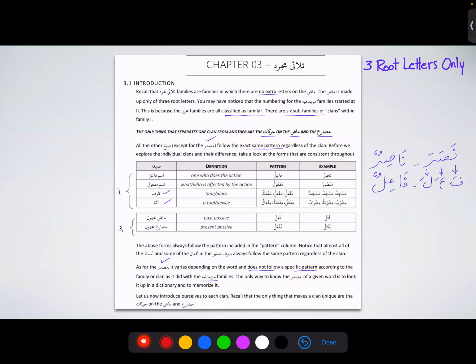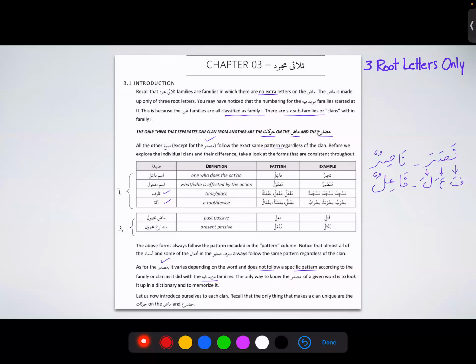So basically, we are going to see the haraka in the Madi and then in the Mudari, right? Mostly the haraka on the middle root letter plays a big role when we are recognizing these 6 clans.